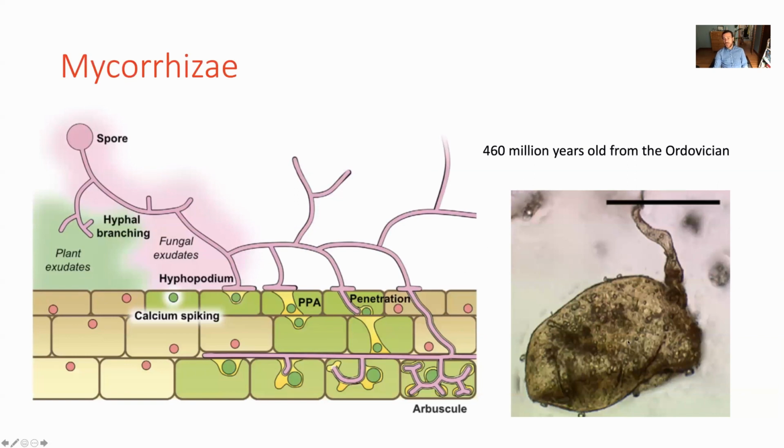Another fossil that changed the way we looked at life is this tiny, unassuming little fossil from the Ordovician period. This is 460 million years ago, and this is right when plants actually moved from aquatic habitats onto the land. Without this fossil, there'd be further debate on when plants actually marched up onto land.